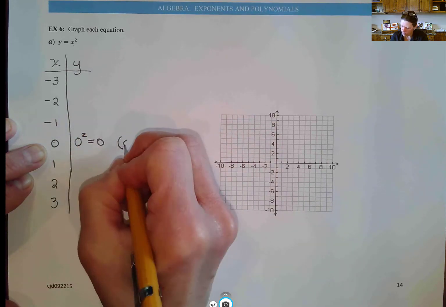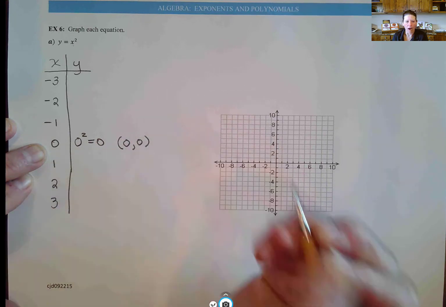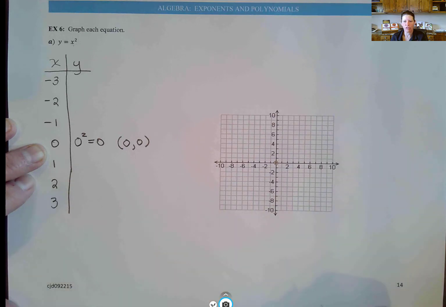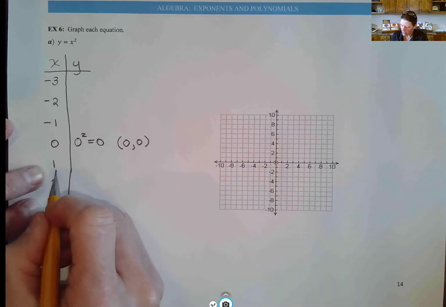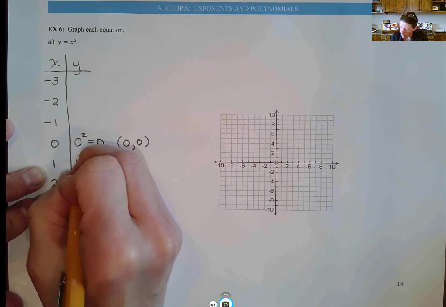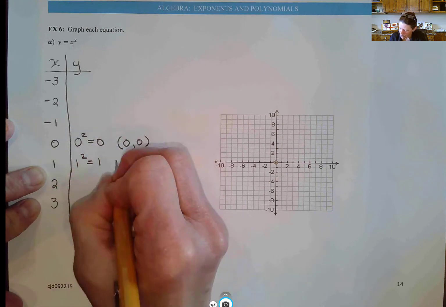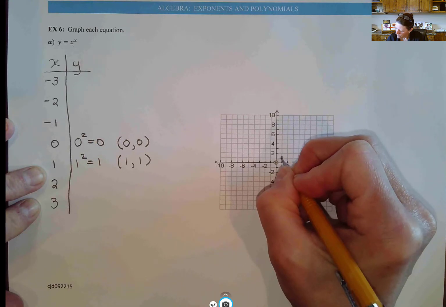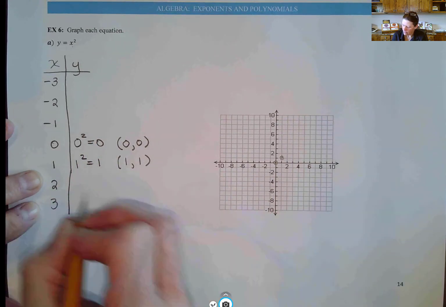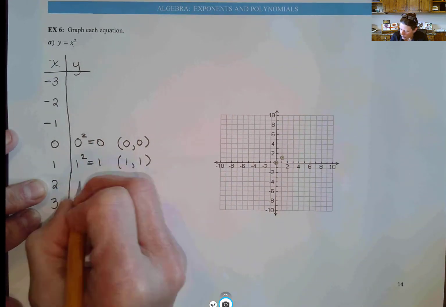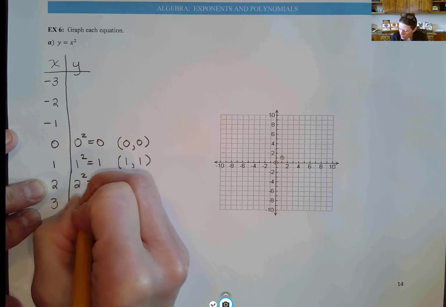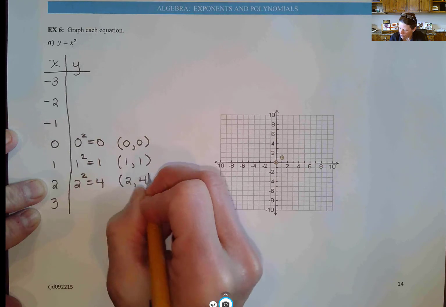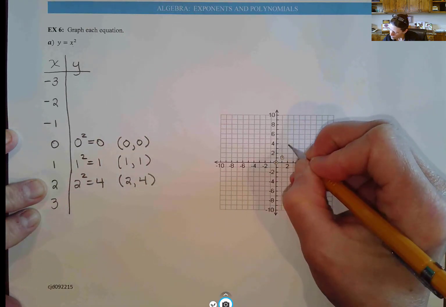So we've generated a point, x equals 0, y equals 0, and that's right here at the origin. If x is 1, then y is 1 squared, or 1. So we've generated a point, 1, 1. If x is 2, y is 2 squared, or 4. And there's the ordered pair, which plots as the point 2, 4.